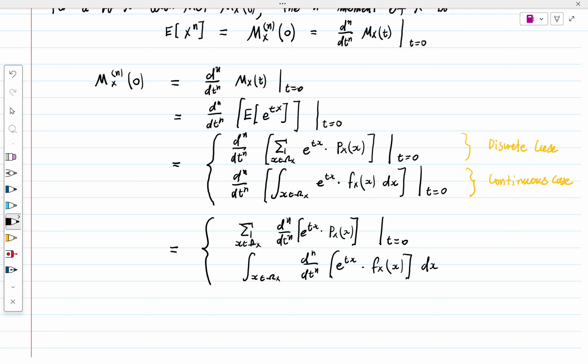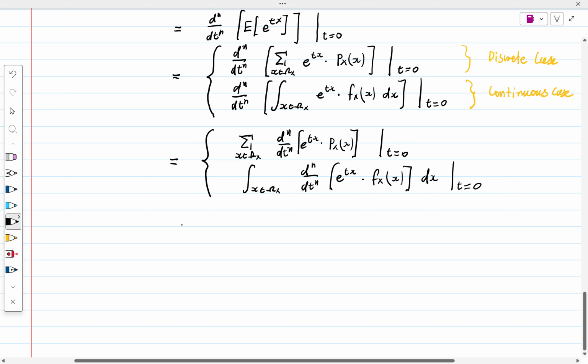And again, by the same reasoning as before, here's where it gets interesting. Let's look at both these cases. In both these cases, what do we get?